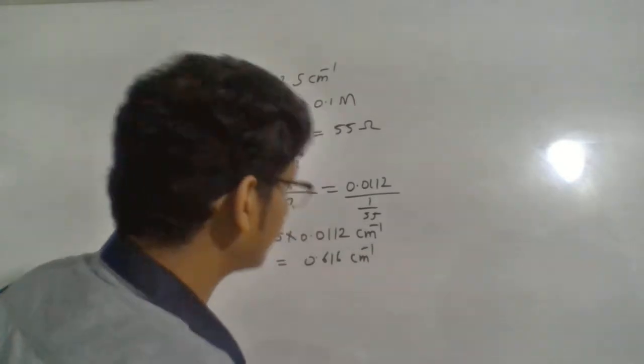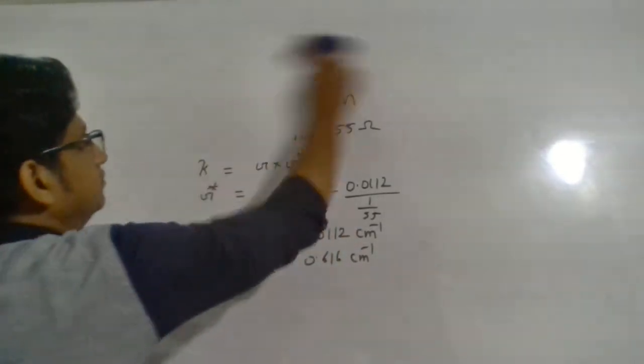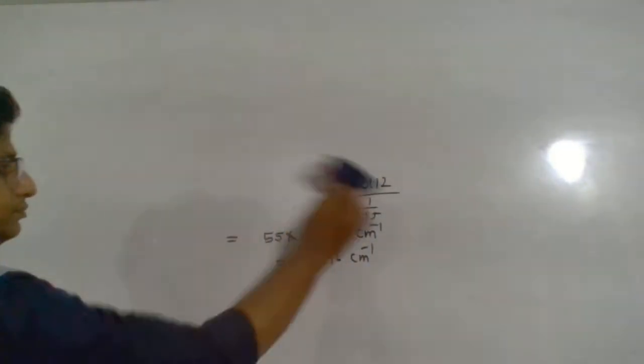Let us do another calculation. This time the data given is: the resistance of 0.05 normal sodium chloride solution taken in a conductivity cell is found to be 203 ohm at 18 degrees Celsius. The cell constant of the cell is 0.9715 centimeter inverse.